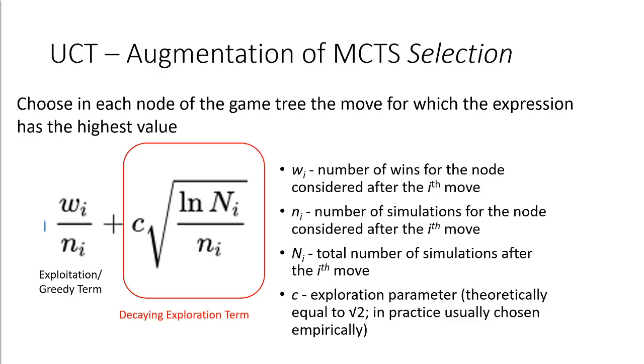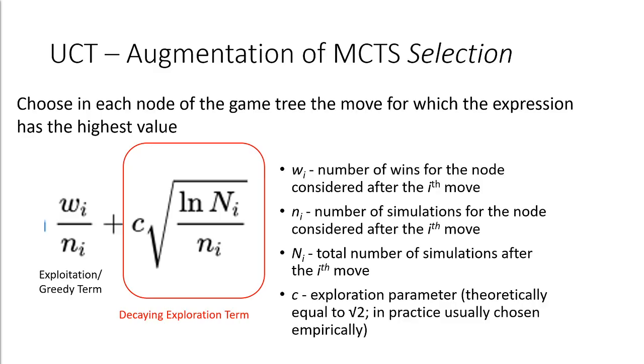Theoretically, that should be a square root of 2, but in practice, it's tuned or selected empirically. So when you take the summation, that exploration term can be a significant boost to the w over n value, and so that's going to result in a more likelihood of certain nodes being expanded upon, and then adding the additional nodes as part of the Monte Carlo tree search, and then also performing the rollouts from along that branch.